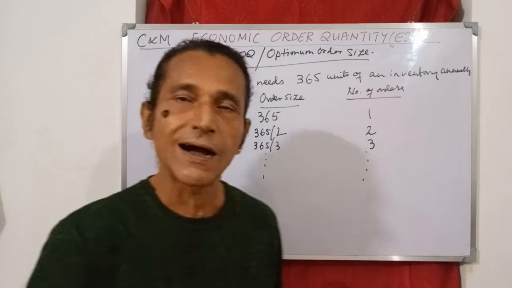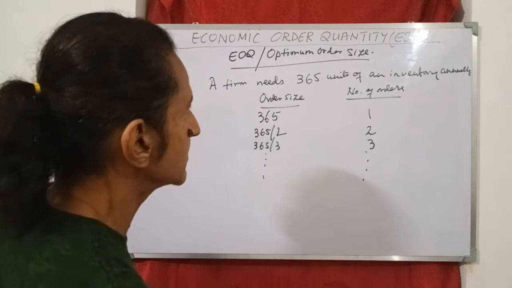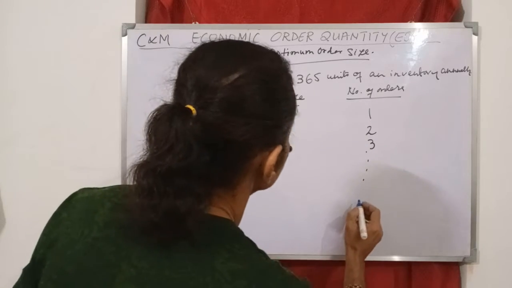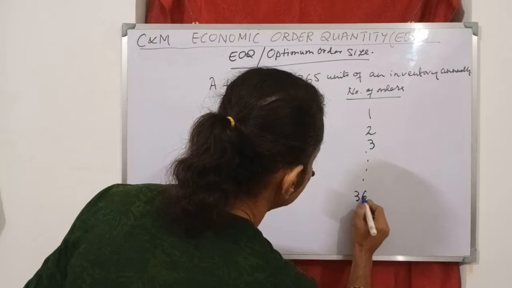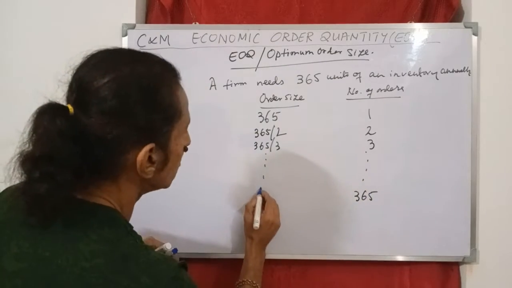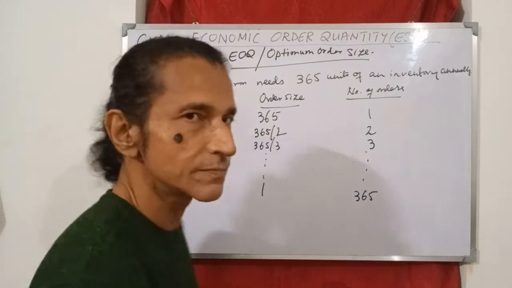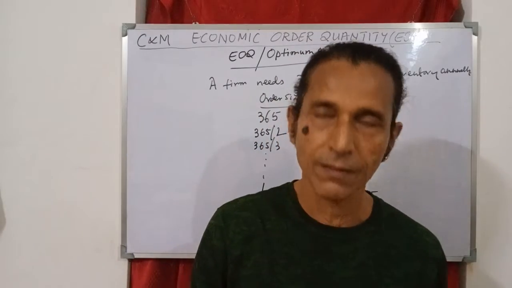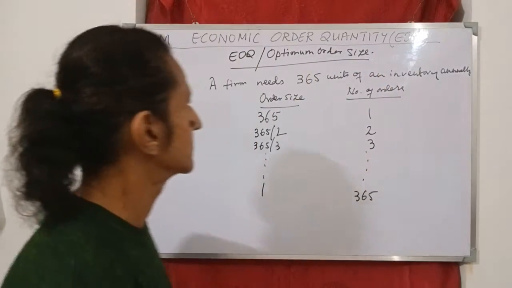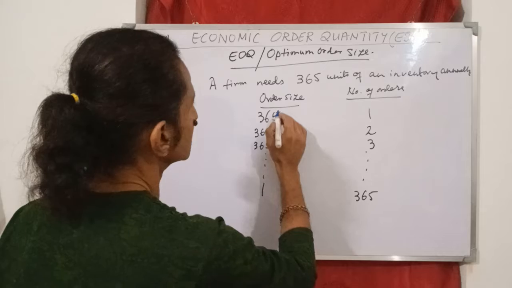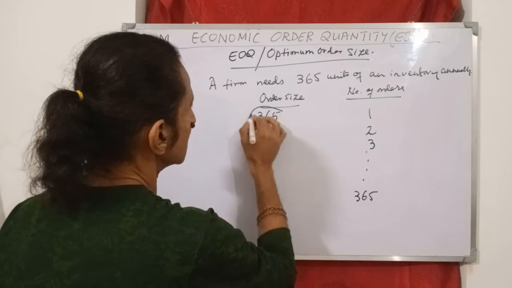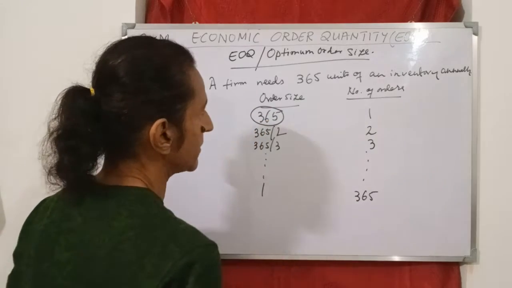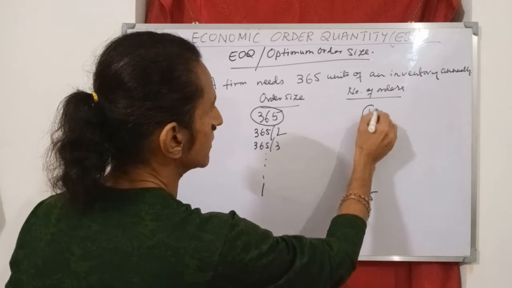So at the other extreme, there can be a scenario where the farm is placing 365 orders and the order size is 1. Now, in this case, order size is 365 and number of orders is 1.